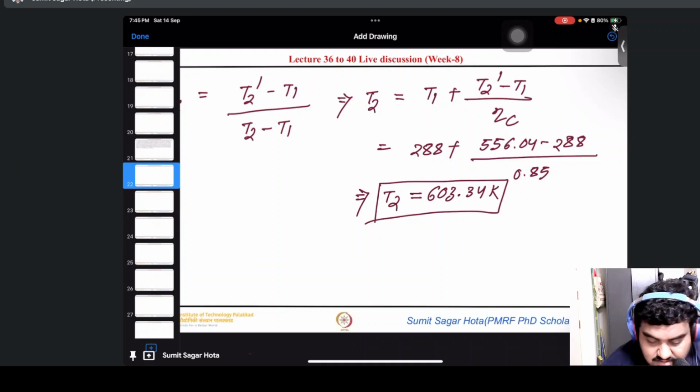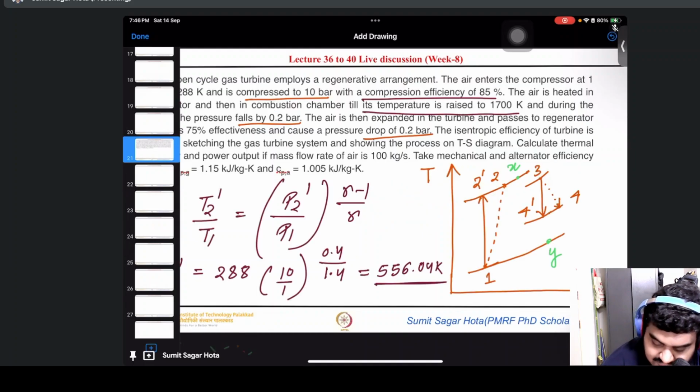Now if you look at the graph, this pressure is your P3. What will this P3 be? Because a 0.2 bar decrement is there, 10 minus 0.2, 9.8 bar.